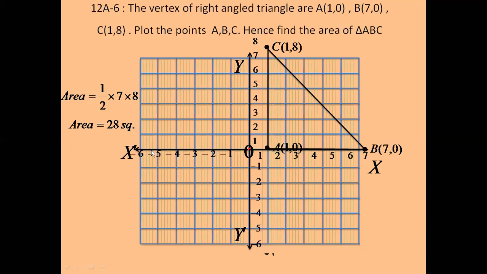So half into base into height: half of 8 is 4, and 4 times 7 is 28. The area unit is square unit, so the area is 28 square units. Thus we can get it like this.